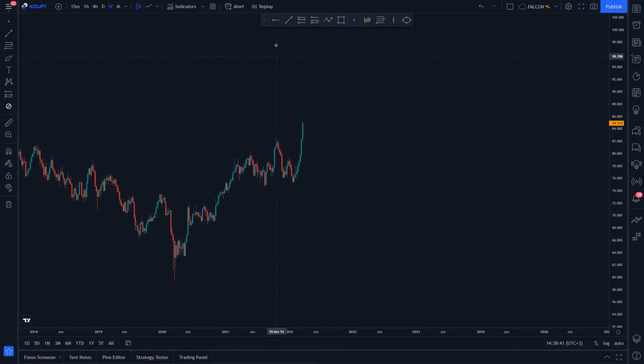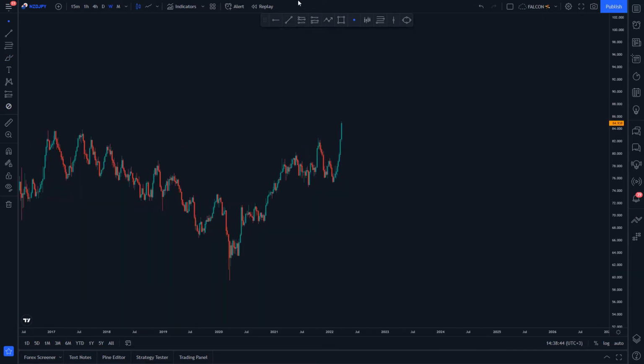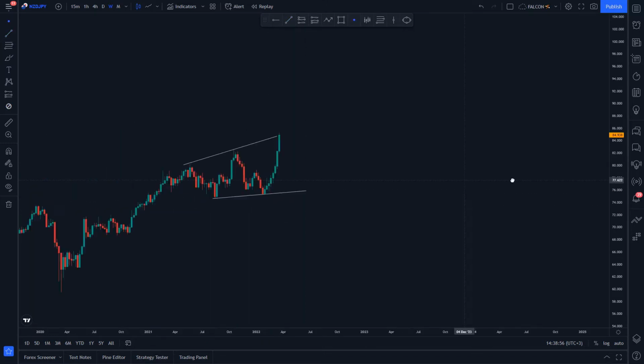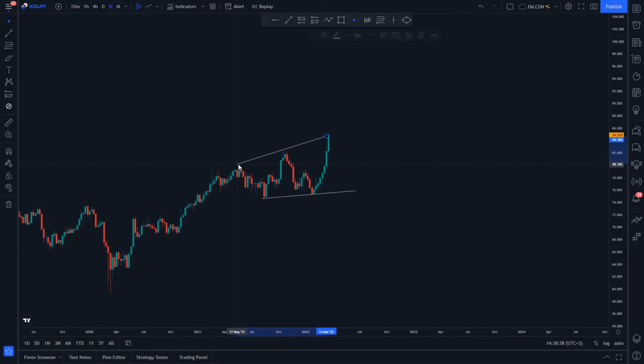So if we come up with a pattern over here, we can have an expanding pattern. Okay, so we are at the third touch, which we're expecting this market to push the downside.